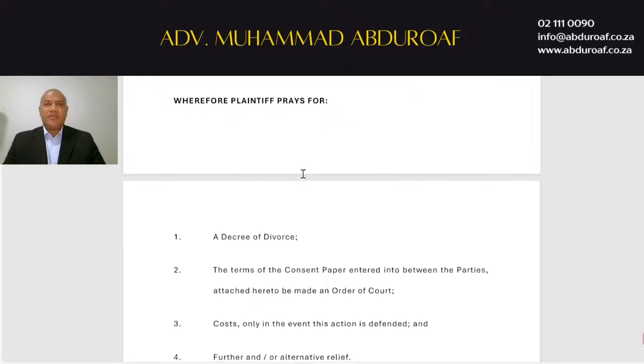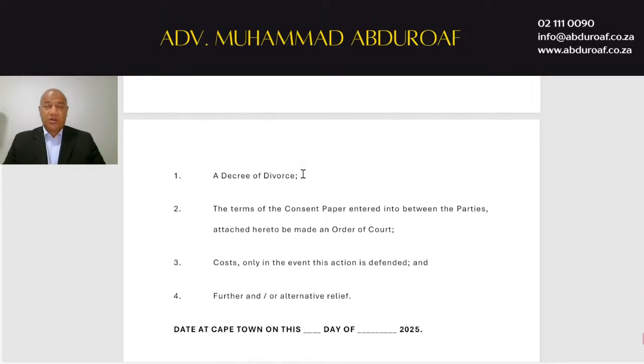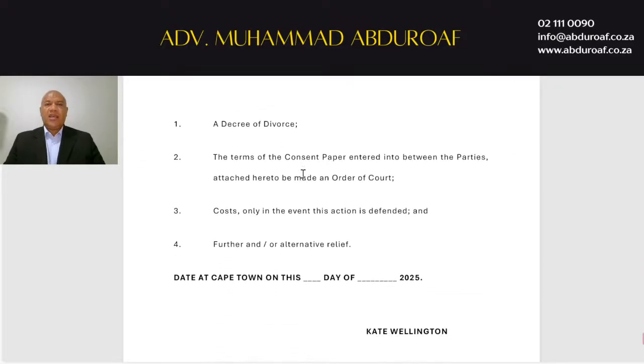Wherefore, plaintiff prays for, now this is what she asks for from the court, a decree of divorce, and the terms of the consent paper entered into between the parties, attached hereto, to be made an order of court.